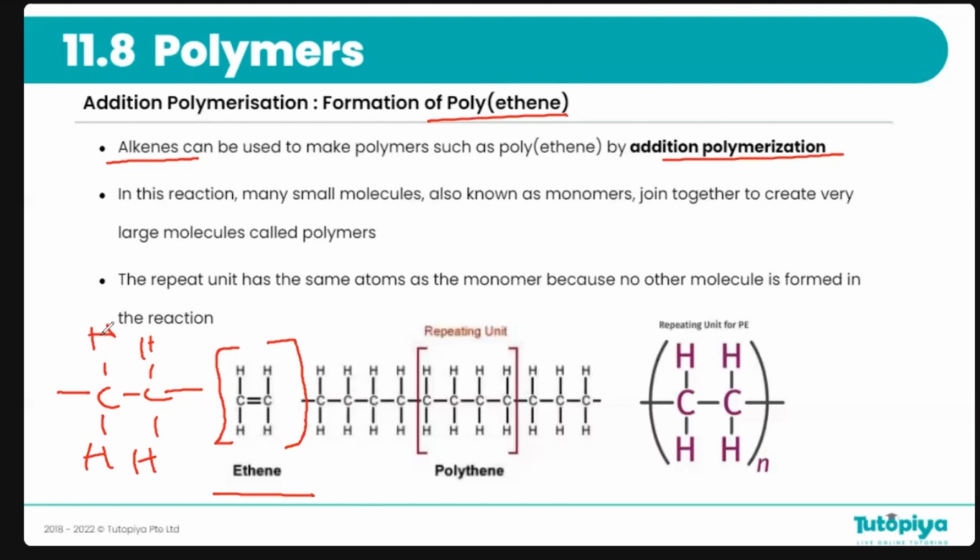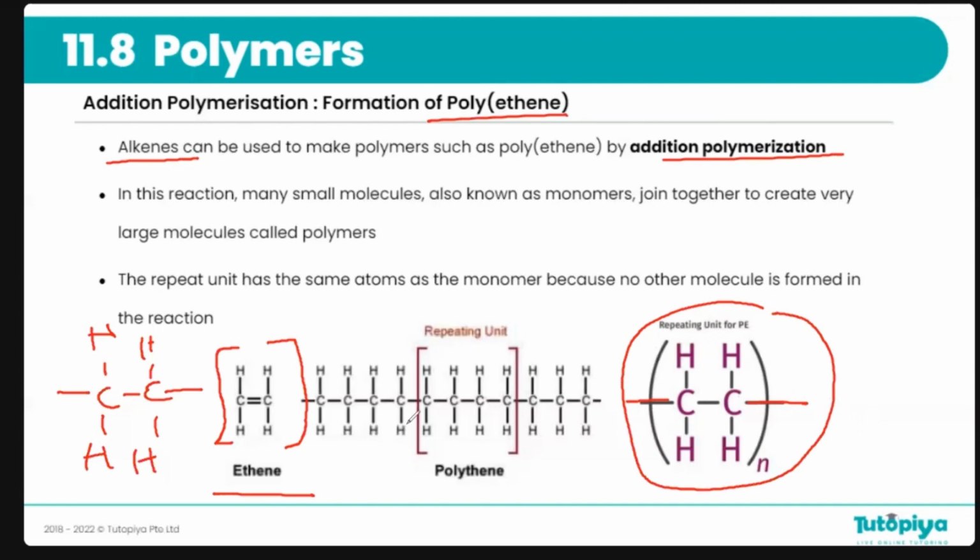So more molecules like this, they come and join each other. So your repeating unit of the polyethylene would look like this. It is a branched out ethene. The double bond had been broken. Now there's a single bond and two bonds reaching out to another molecule.